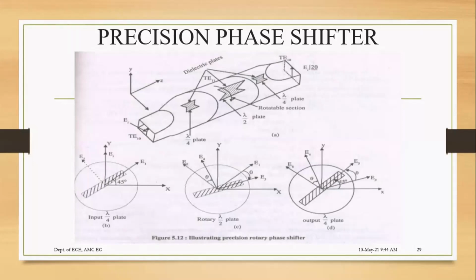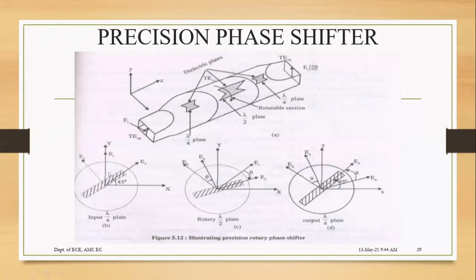this input to the quarter wave section will be decomposed into two fields, that is two transverse components. Yesterday you have seen one was split into E cos theta, one was split into E sin theta. Similarly here, in the quarter wave section, you can see the 45-degree inclination.